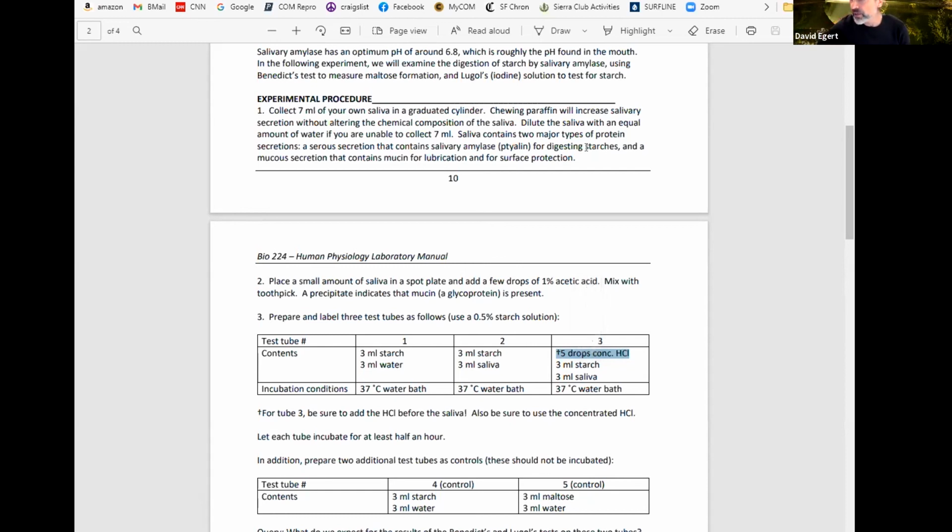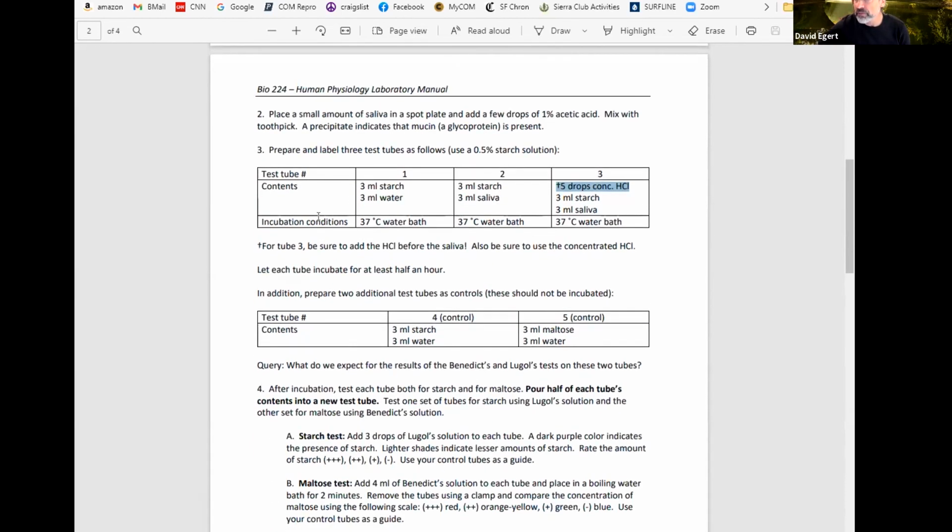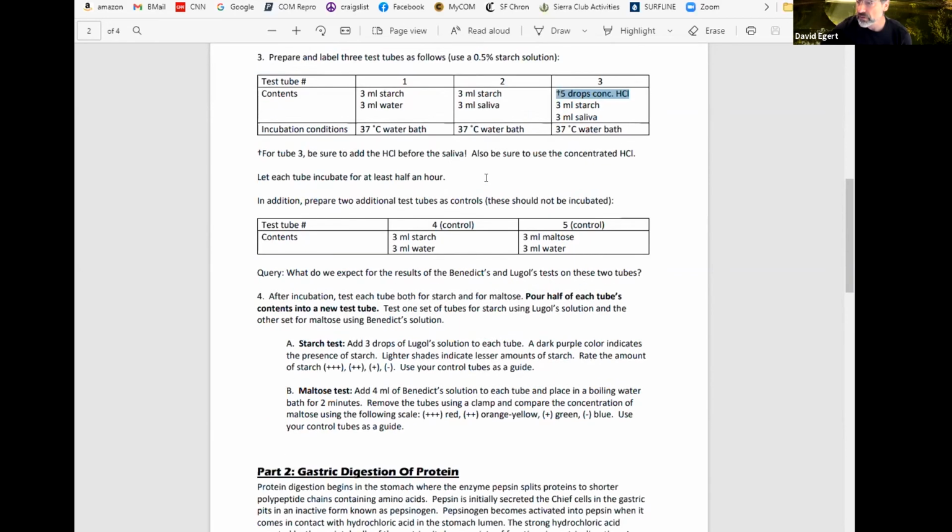Our dependent variables are going to be the presence or absence of starch and the presence or absence of maltose. So the objective for that would just be: how do amylase and pH affect the breakdown of starch and the appearance of maltose.